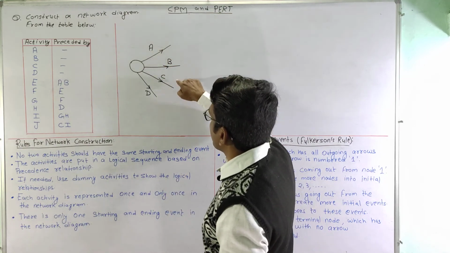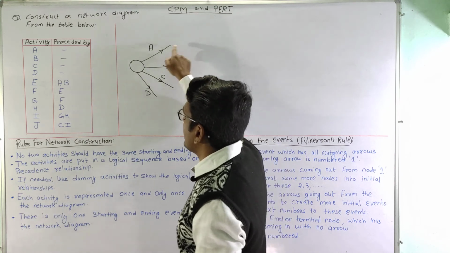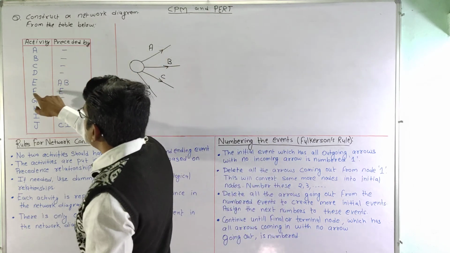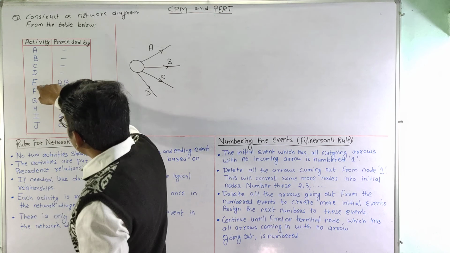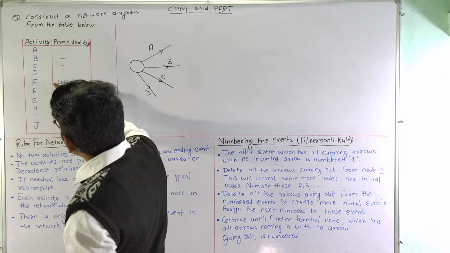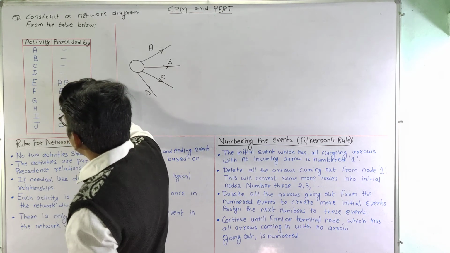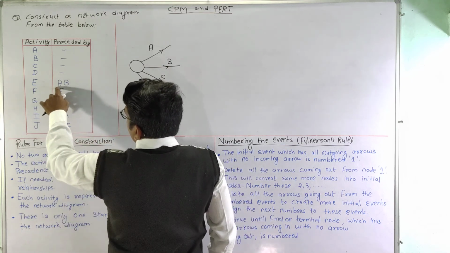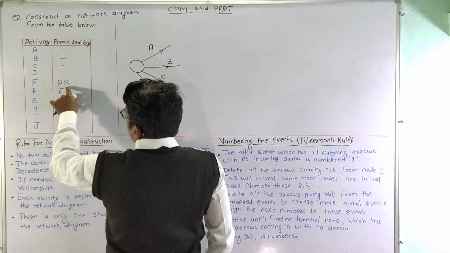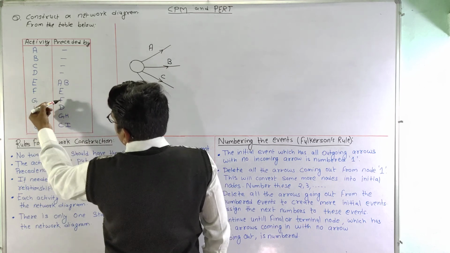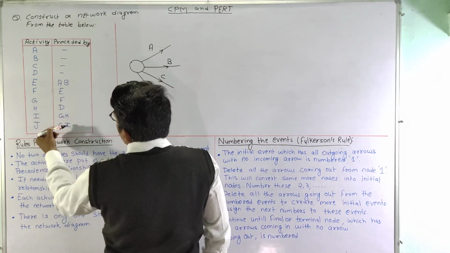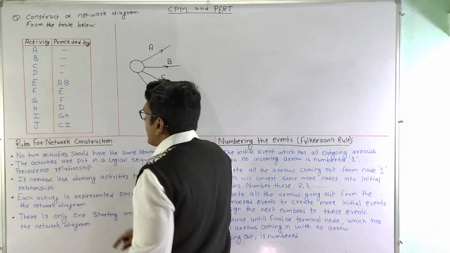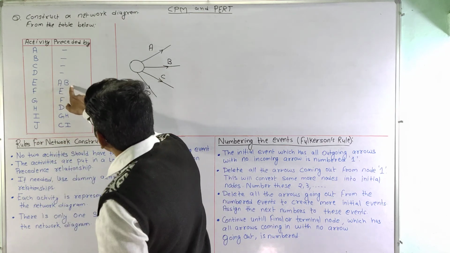So all the activities right now are open activities, and as we move further we can see that activity E depends on A and B both. Activity E is preceded by activities A and B, and there is no other activity preceded by A only or B only.